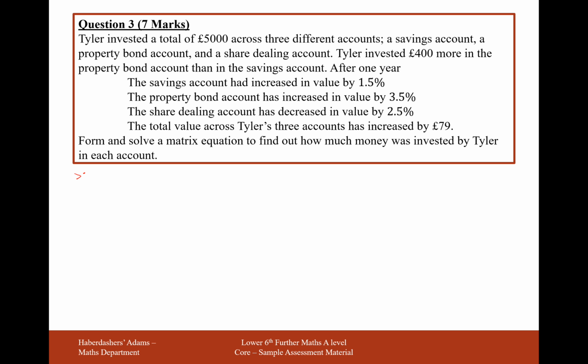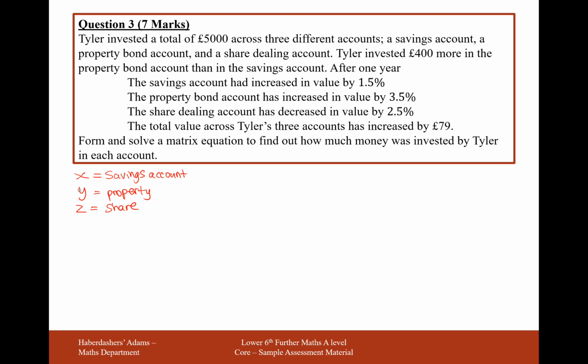So what I'll use is X is going to represent the savings account. I'll represent Y with the amount of money that he put in the property bond account, and I'll use the letter Z to represent his share dealings.